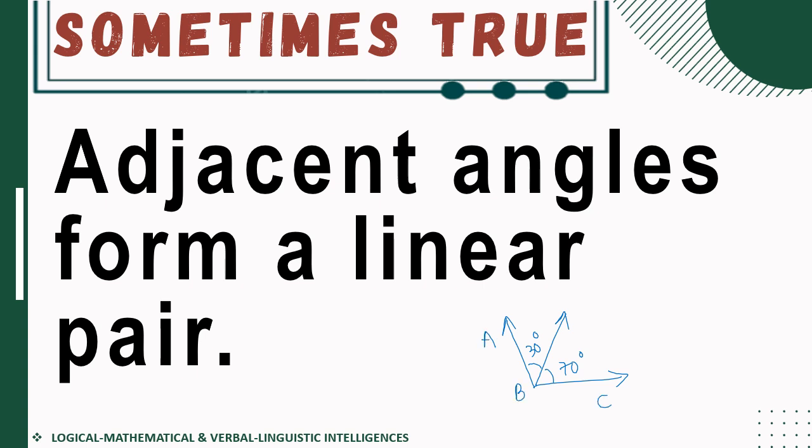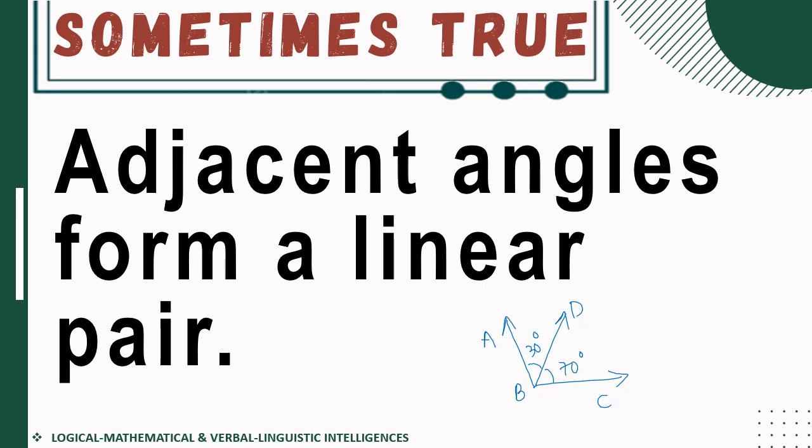So A, B, C, D. Angle ABD and angle DBC are considered adjacent, but we cannot say that they are a linear pair. Why? First of all, their sum is not equal to 180 degrees. Alright? So we have two conditions for us to classify it as a linear pair. As you can see, yes, they are adjacent, but they are not supplementary. So that means it's sometimes true only.